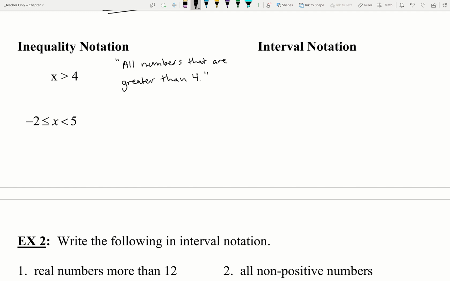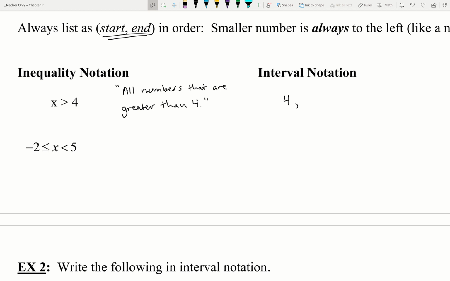How would we write that with interval notation? Well, this description right here, I could look at as a list of numbers. Maybe a list that starts off with the number 4 since I'm trying to compare to the number 4. So that might be my starting number. And then I'll write a comma and then say, what am I trying to end with? Well, if you think about it, there are infinitely many numbers that are greater than 4.